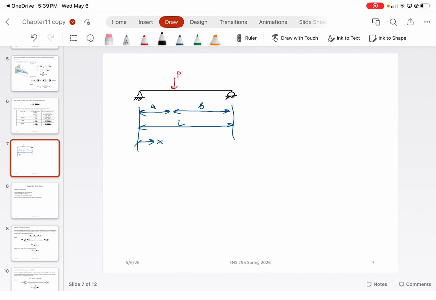So we get that U is equal to 1/2 times the integral over the x coordinate of M of x squared over EI dx. Now for this problem, we're going to assume that EI is just some constant, right? So this could be like a W shape, for example. And so we can integrate by carrying that EI out of the integral.